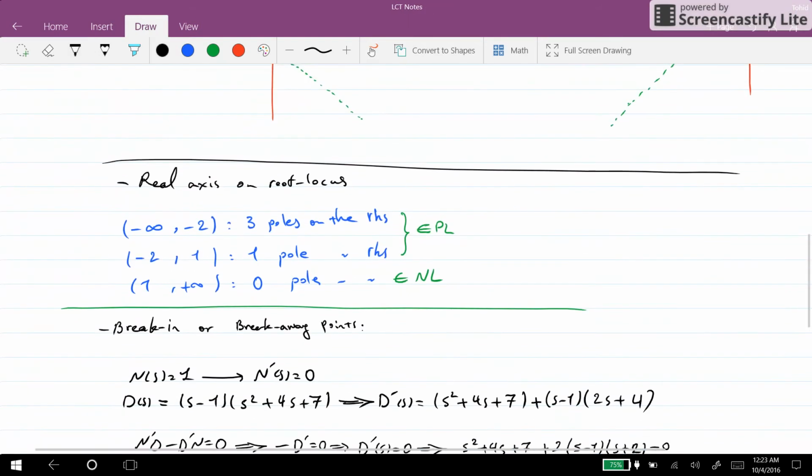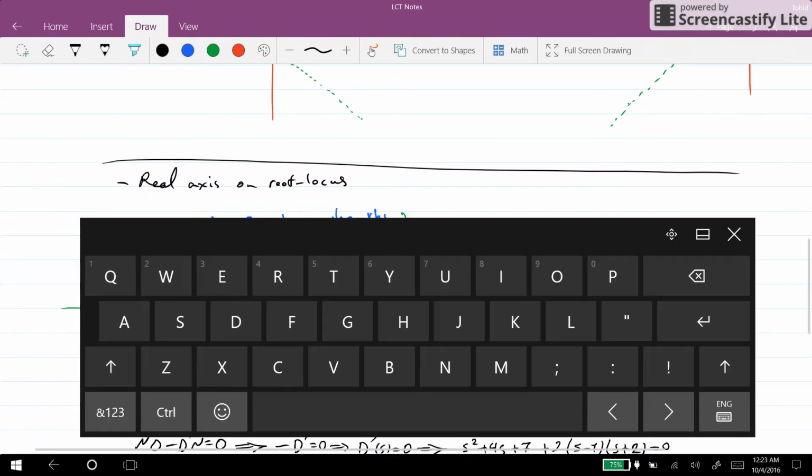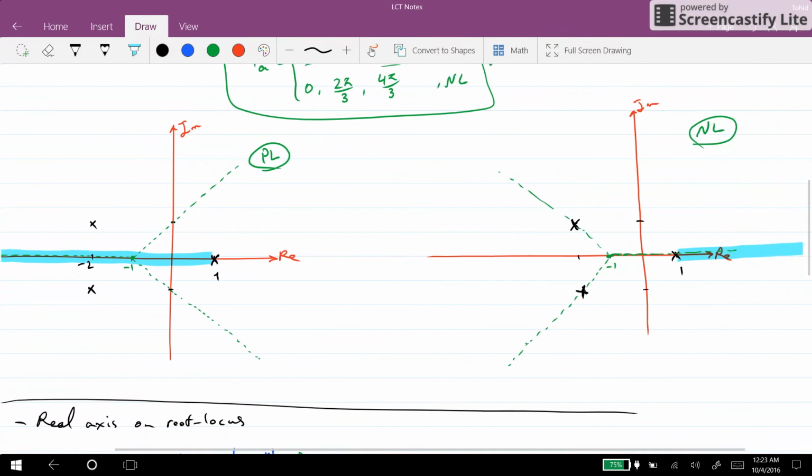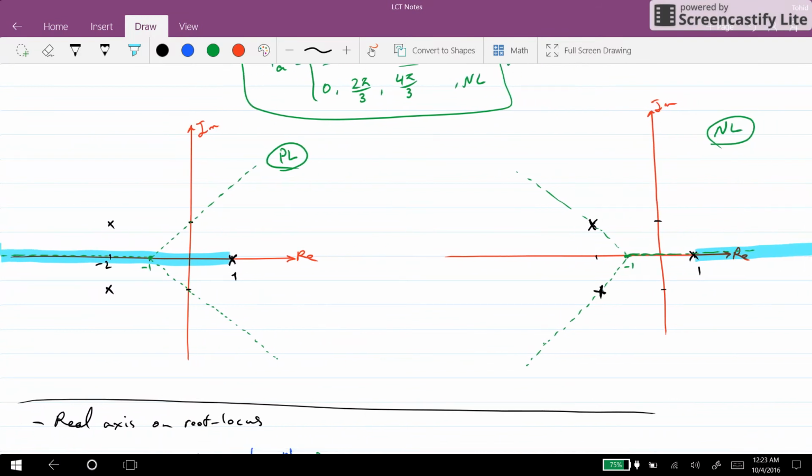And by looking at the root locus plots that we have here, we see that the point minus 1 belongs to the positive locus, and it is here. So this will be our break-in or breakaway point, and indeed, in this example, it is both a break-in and breakaway point.